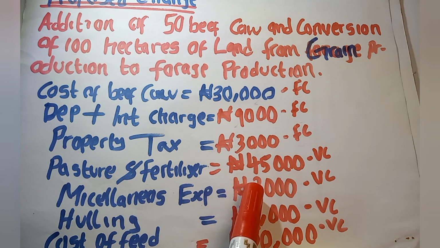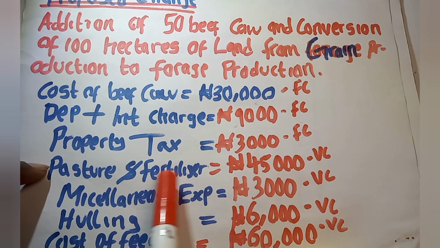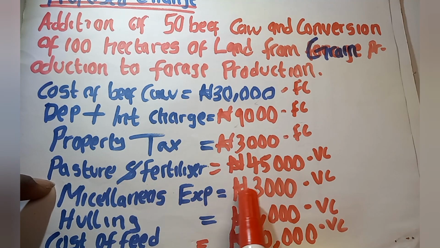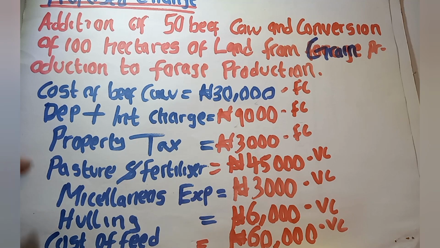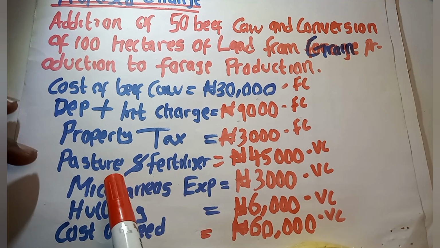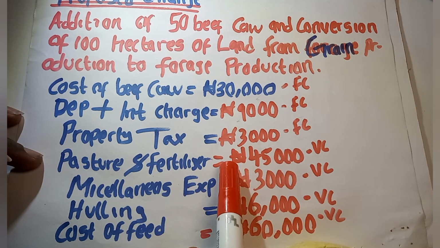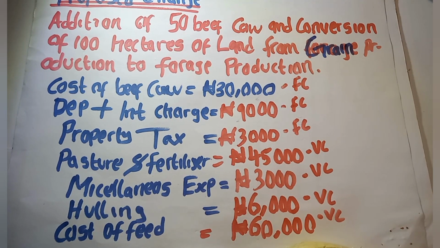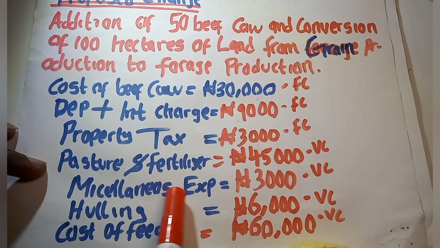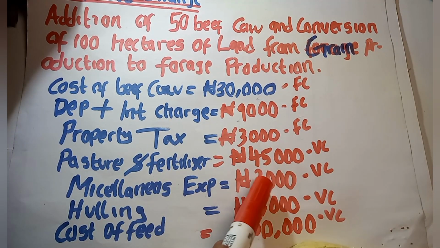So let's add all this together. We have 45,000 naira, and don't forget this is also a variable cost. Pasture and fertilizer is also a variable cost, 45,000 naira. Miscellaneous expenses are also a variable cost, 3,000 naira.